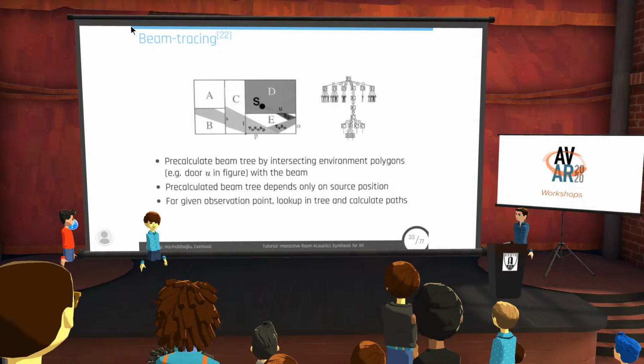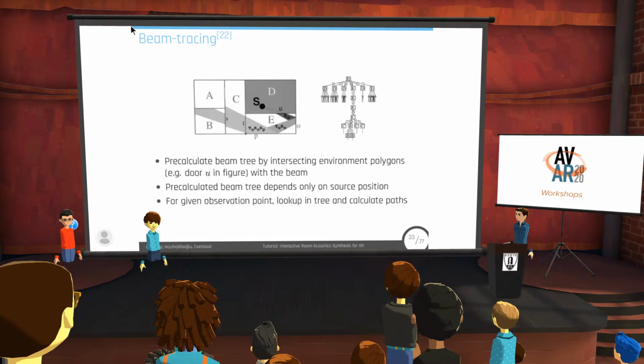Now you can imagine here that if the observer moves, as opposed to ray tracing, where you have to completely rerun the room impulse response, in this case calculating the room impulse response is just a simple lookup into this beam tree, where you see in that specific position every beam that passes through that position.